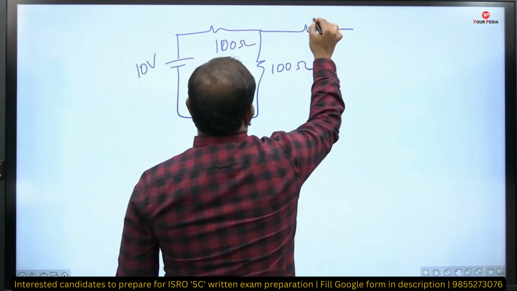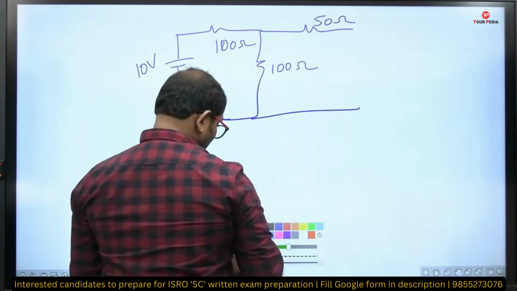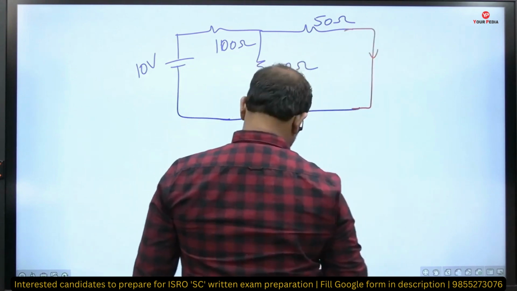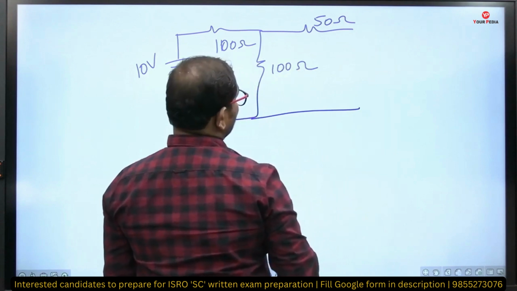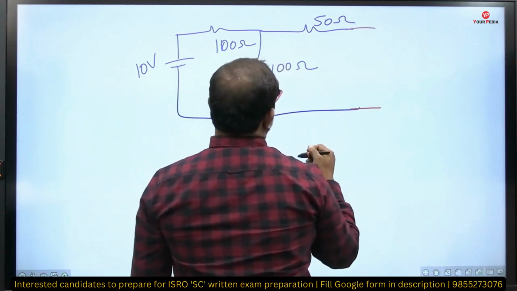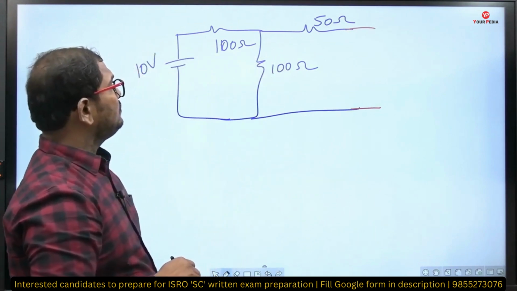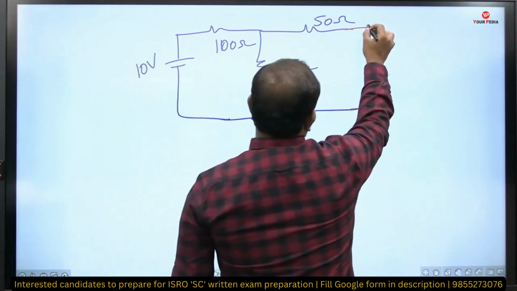Here I have 50 ohms. So this is the open circuit. Here we need to measure the voltage by connecting a voltmeter.